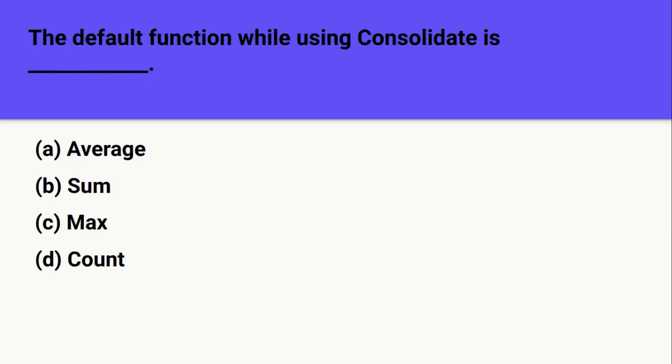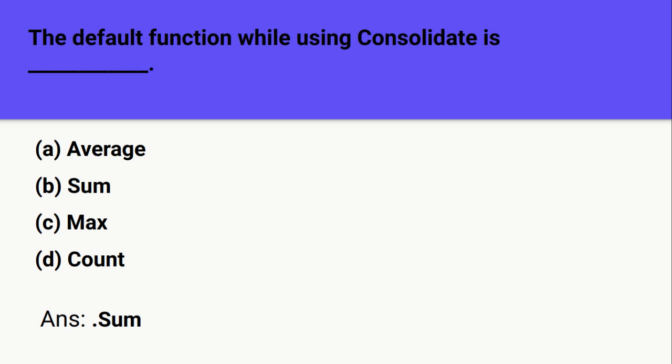The default function while using consolidate is? The question is, which is the default function when we are using consolidate? The answer is sum. Always when we take consolidate, we can see sum as default. All other options we have to select.